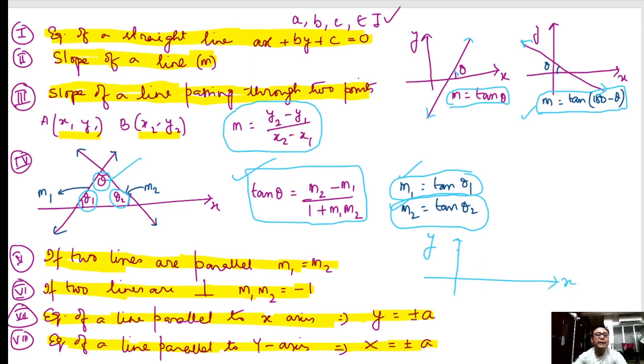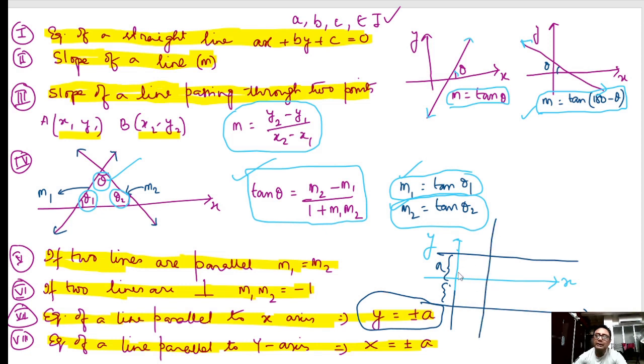If I want to find the equation of this line which is parallel to the x-axis at a distance of a or -a, this is the equation. If it is parallel to the y-axis at a distance of a or -a, then this is the equation of the line parallel to the y-axis.